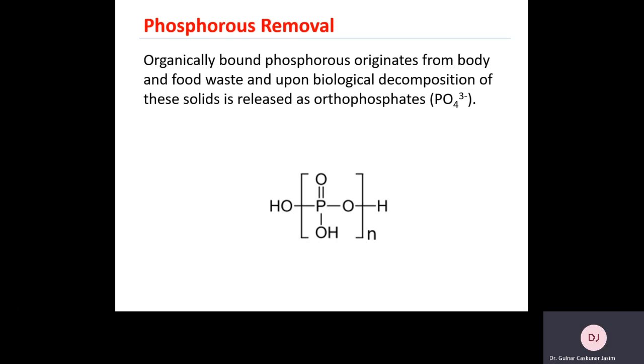Organically bound phosphorus originates from body and food waste, and upon biological decomposition of these solids, it is released as orthophosphates, and you can see the chemical formula here on the slide.